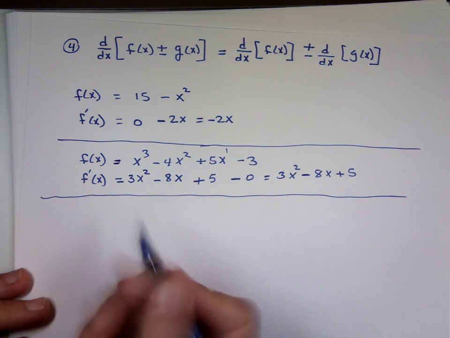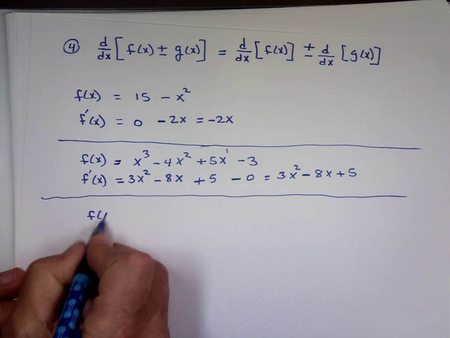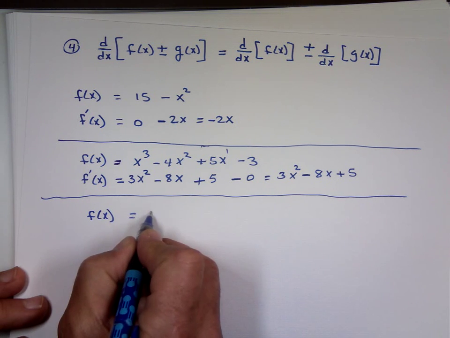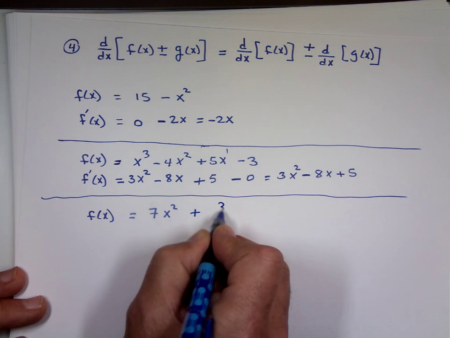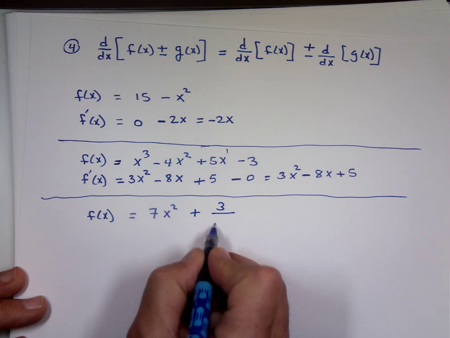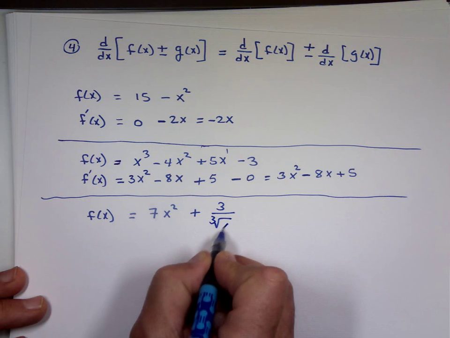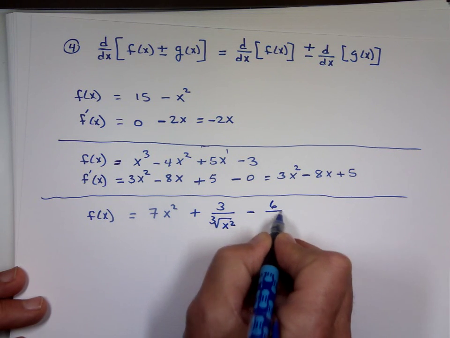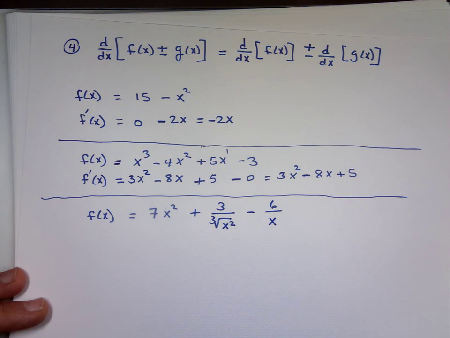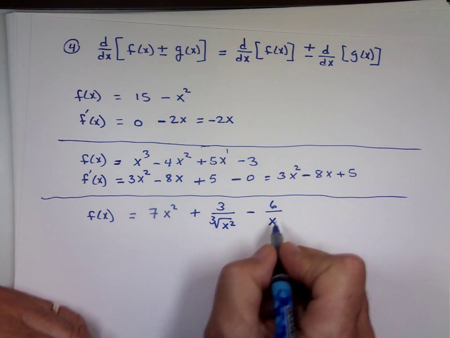I'll make my own. F of x equals 7x squared plus 3 over the cube root of x squared minus 6 over x to the square here.